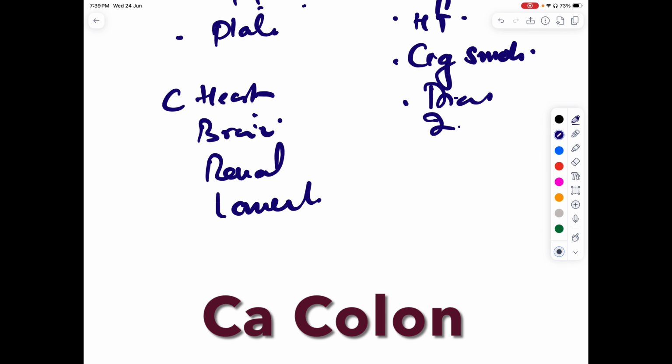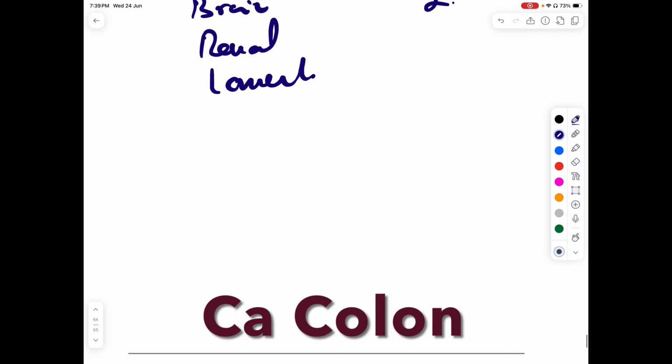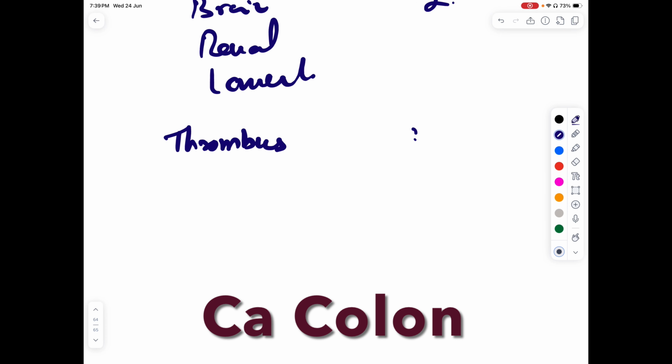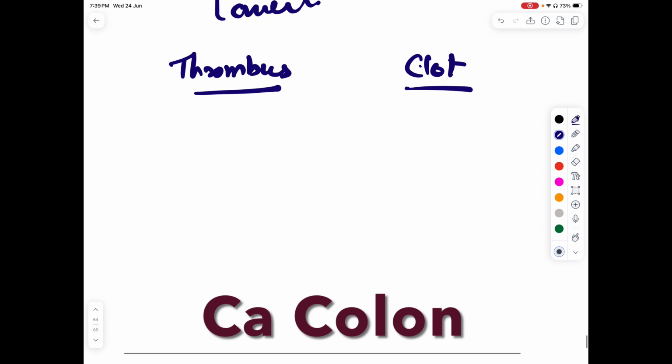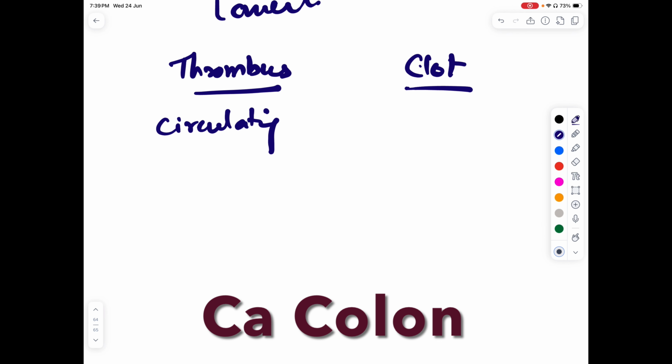So what is the difference between thrombus and clot? A thrombus forms in circulating blood and a clot is stagnant blood. A thrombus has lines of Zahn; a clot has no lines of Zahn, it is soft.